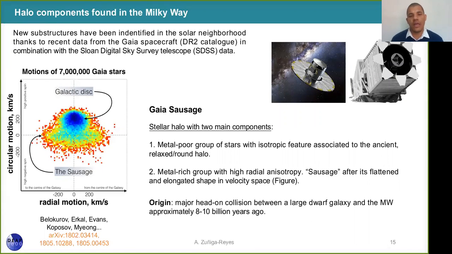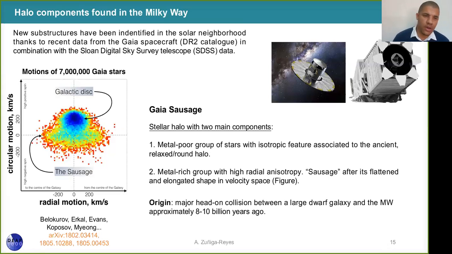we observe that there are two main components: a metal-poor group of stars with isotropic features, which is associated with an ancient relaxed round halo, and a second group of metal-rich stars with very high radial anisotropy.